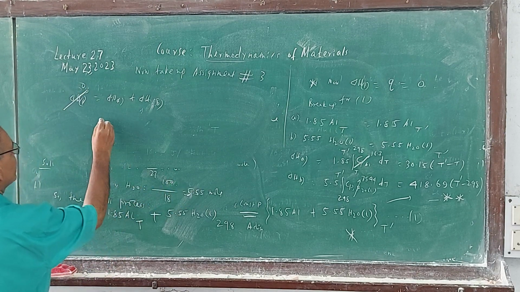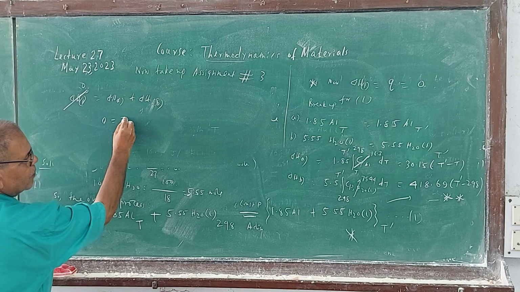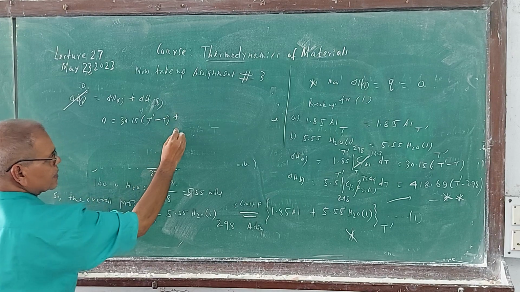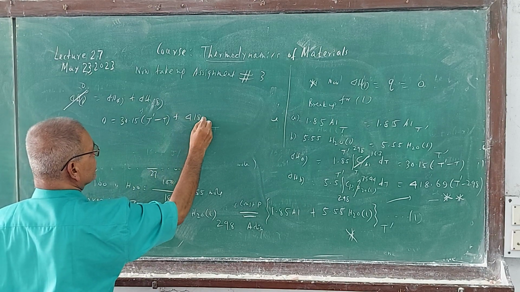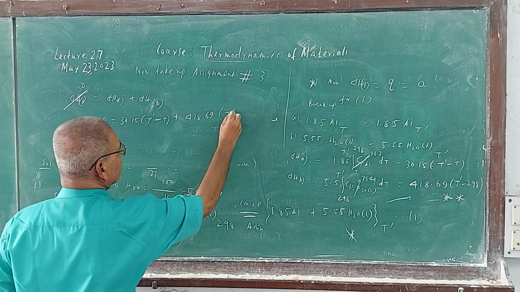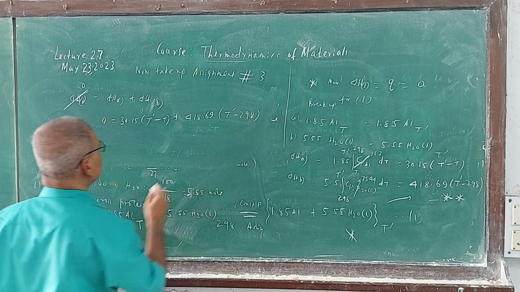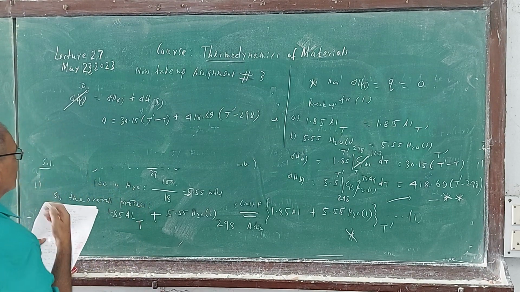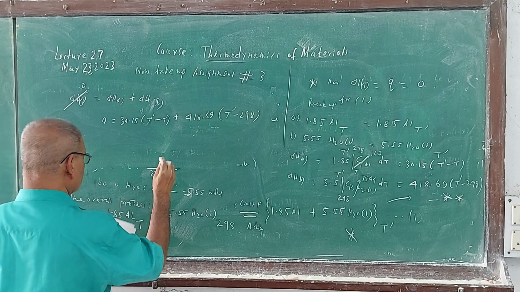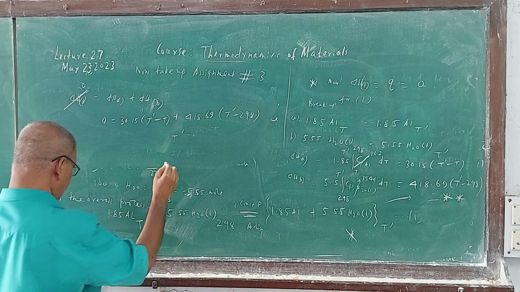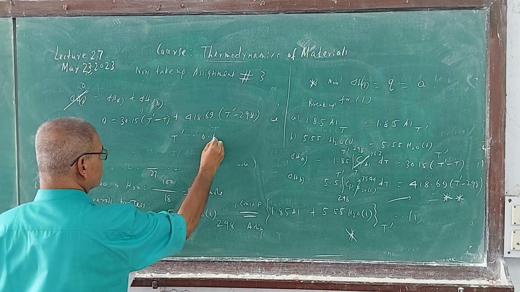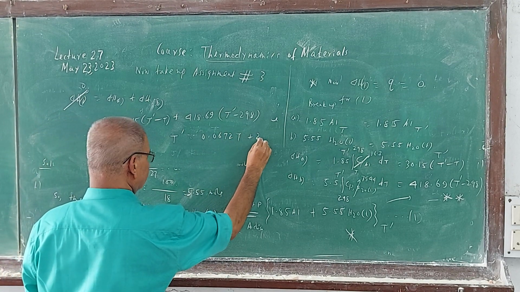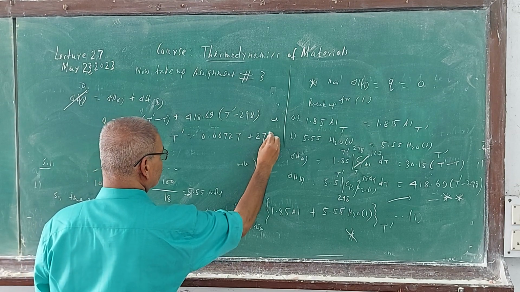Hence 0 is 30.15 times T prime minus T plus 418.69 times T prime minus 298. Then you get a relation between T prime and T. Hence T prime is 0.0672 T. You do the remaining part yourself, no difficulty.